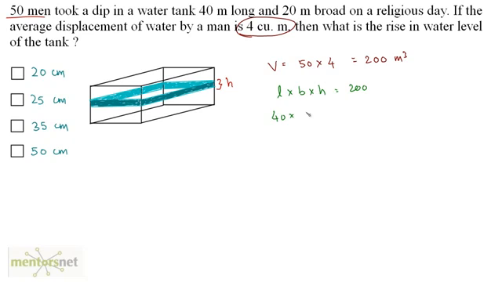Length is 40 times breadth is 20 times H is equal to 200. These 0s get cancelled out. We have 2 and this 2 cancels out. H is equal to 1 by 4, and this will be in meters. Well, 1 by 4 is 0.25 meters, and 0.25 meters is basically 25 centimeters, isn't it? So the rise in water level is actually 25 centimeters. That's option B.